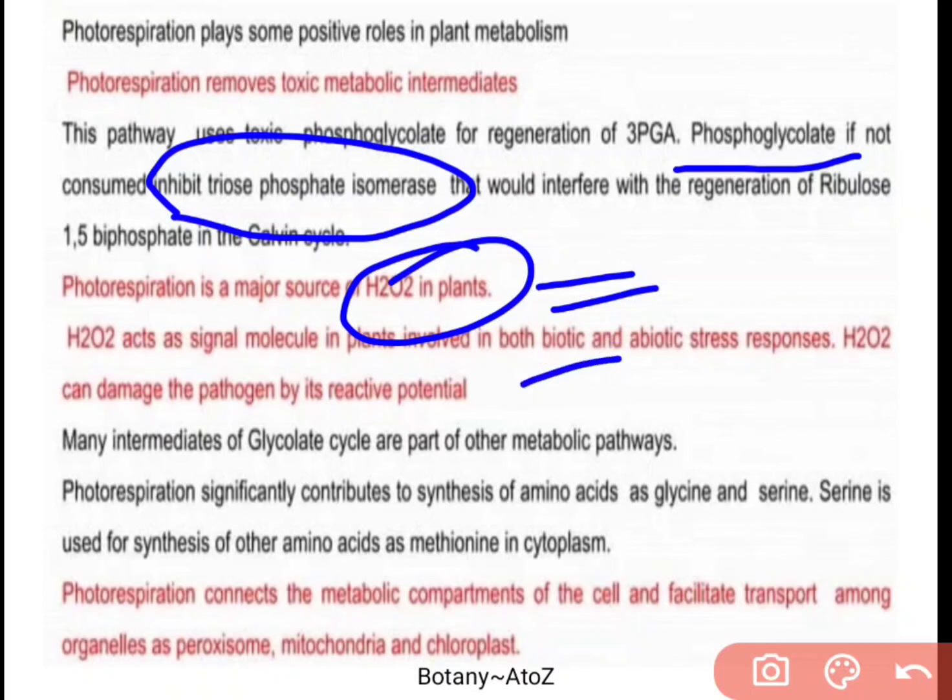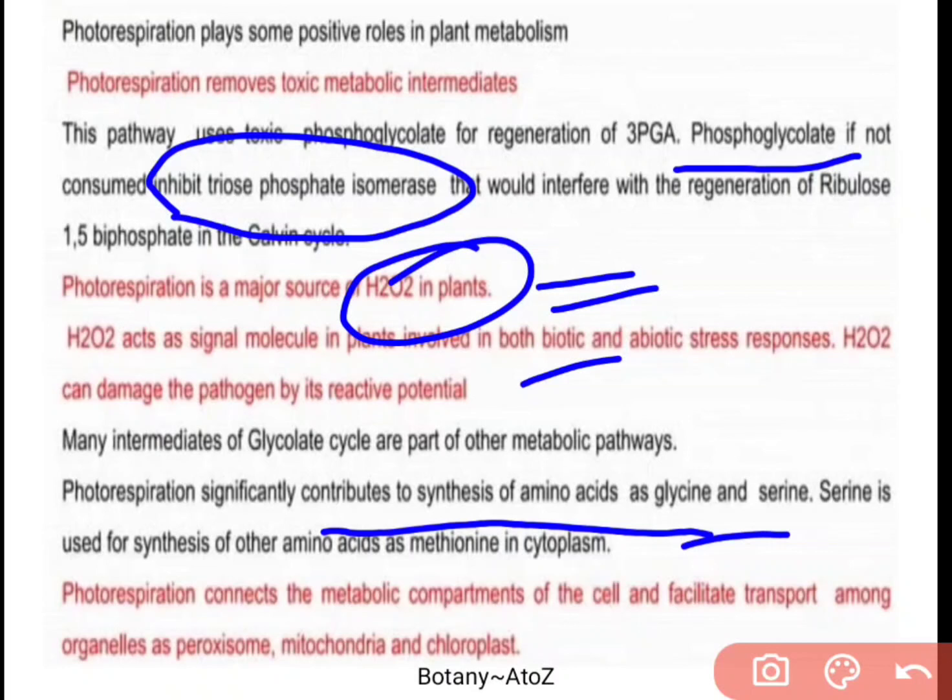Further, many useful intermediates are produced in this C2 cycle, the carbon 2 cycle, or the glycolate cycle, or the photorespiration cycle, and preferably the amino acids. In the peroxisome and mitochondria part of the cycle, you have seen that glycine and serine, these important amino acids, are produced, and these are then transported into the cytoplasm for the synthesis of methionine. So this is another plus point of photorespiration.